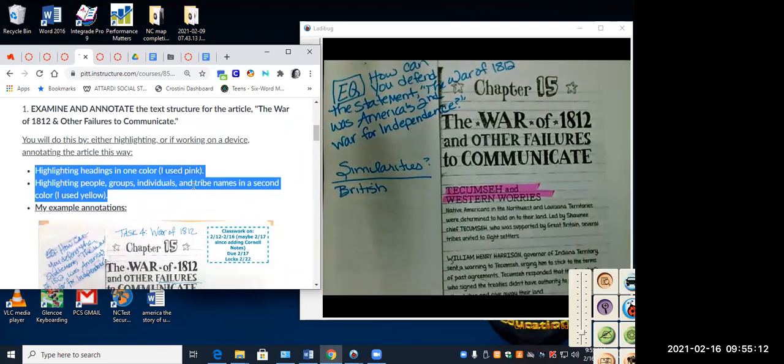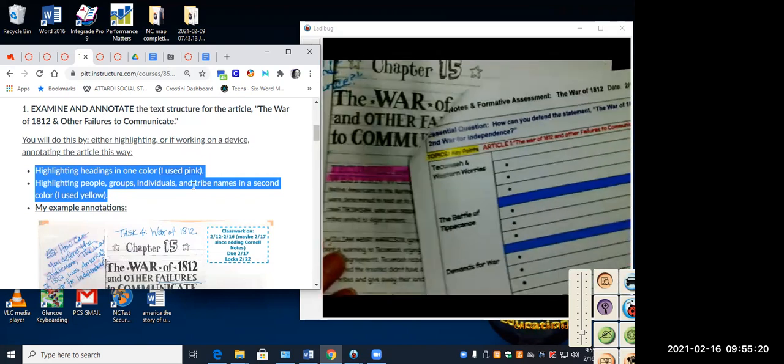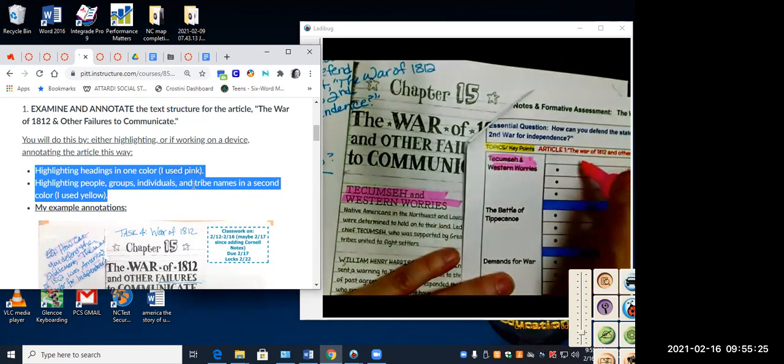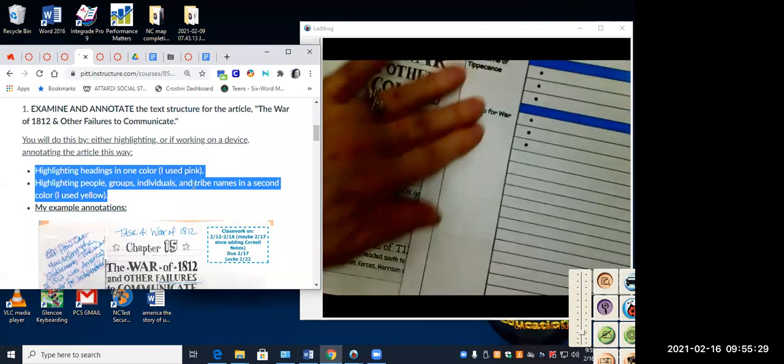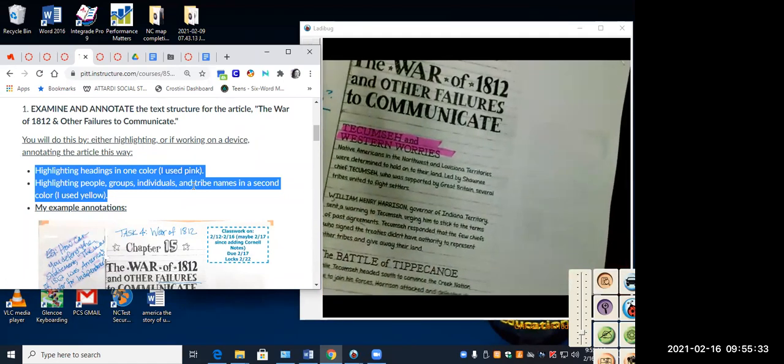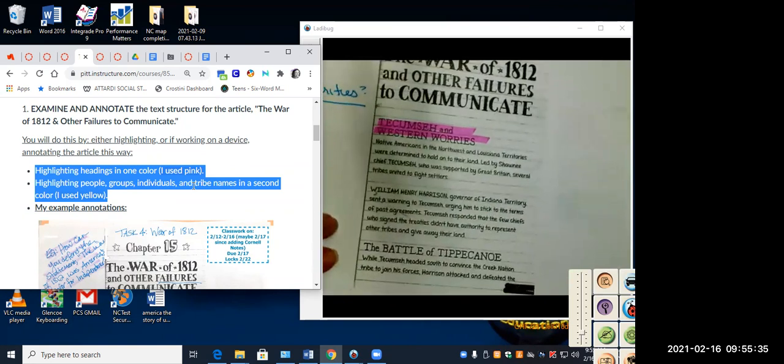And this is because I want them to stand out. We're going to do a type of note taking called Cornell notes. And look right here. The headings go on the left and all the notes go on the right. So I didn't do them all for you, so we're going to need to know which ones to add in there. So just real quick, examine the text structure.